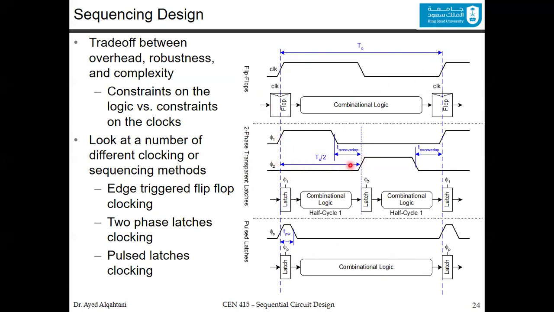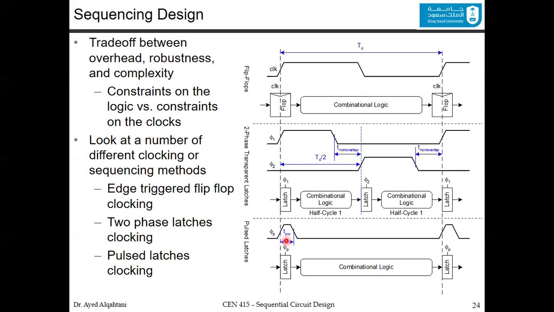Also, you have a very important time here, the non-overlap time, where both clocks are low. In the pulse latches, the cycle time is the same, from the rising to the next rising. So that's the cycle time for all of them.